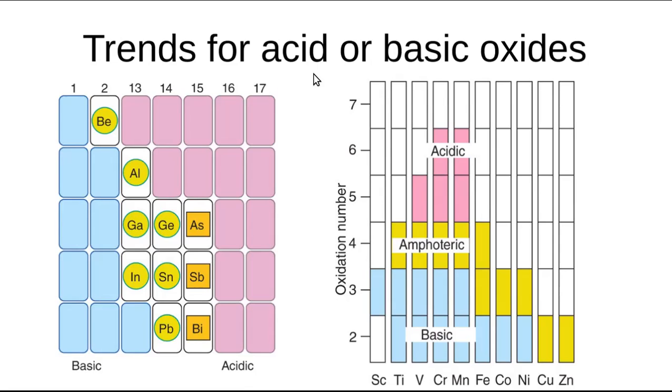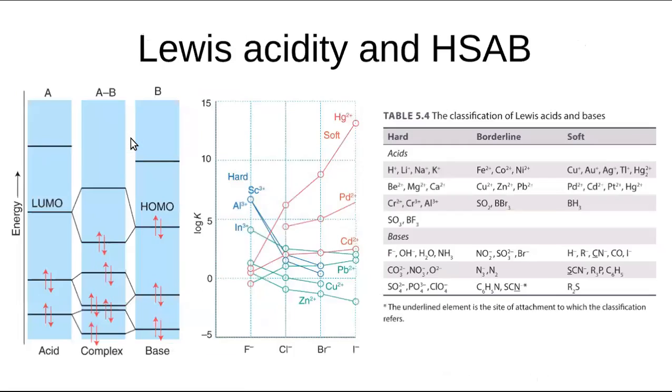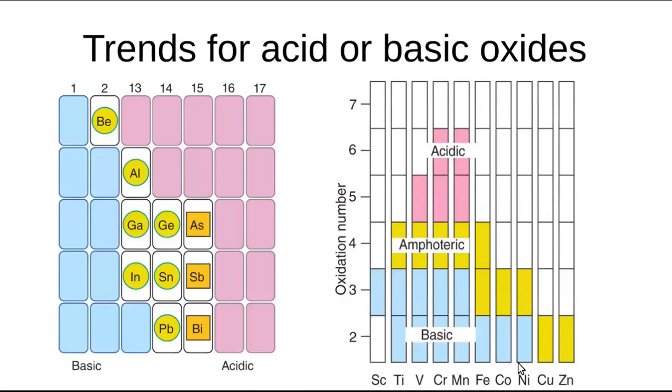We can also speak about acid and base properties of oxides. Here in this diagram, suppose we have sodium oxide. How does it react? Well, we have sodium plus as an acid, and we have oxygen 2- as a base.